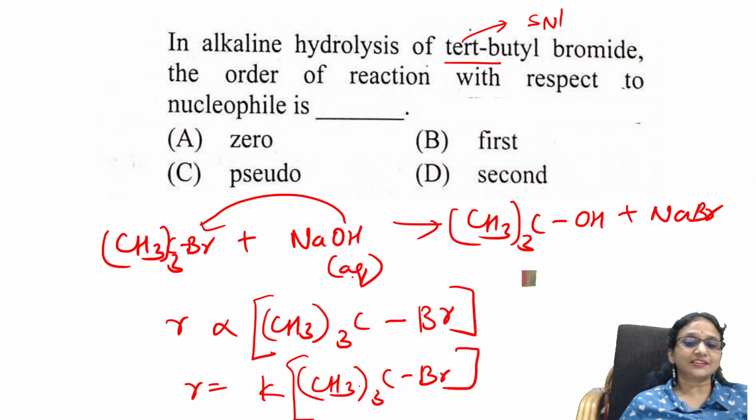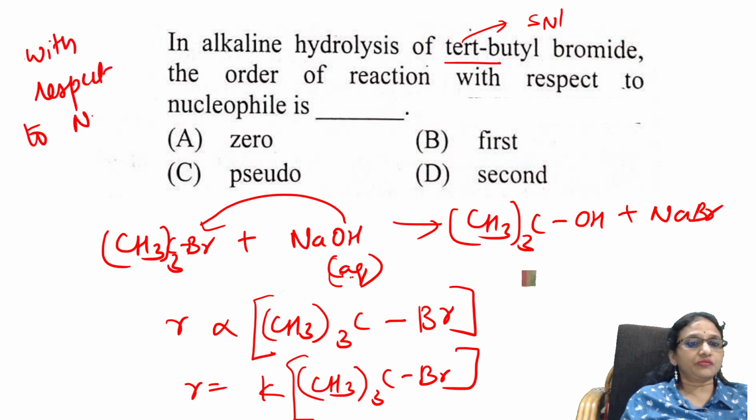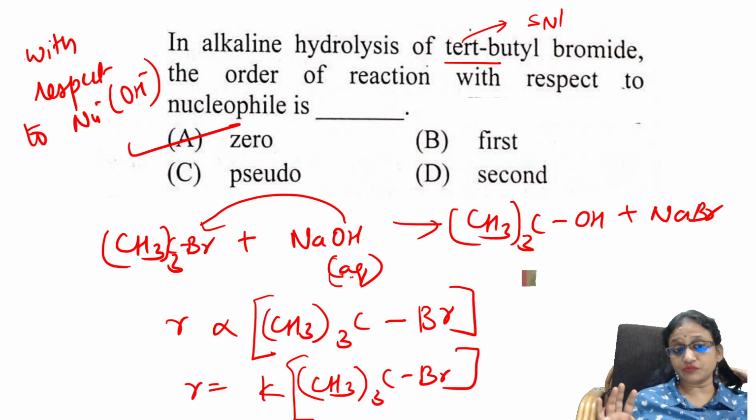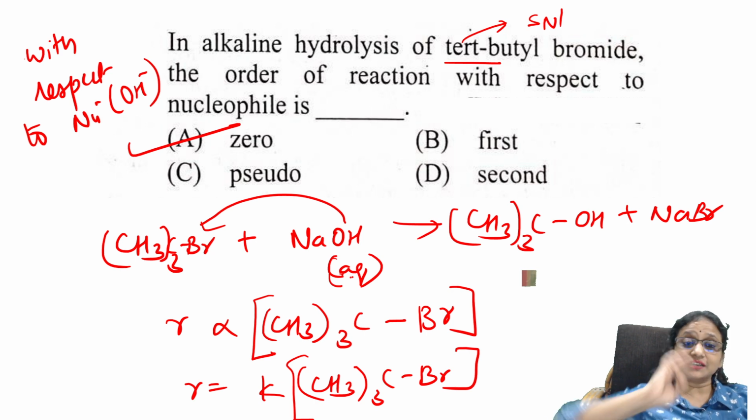With respect to the nucleophile, that is OH minus, the order of the reaction is zero, because it is an aqueous solution. Don't take first order, it is zero because it is aqueous solution. In aqueous solution, we don't consider this one. That's the reason. Careful.